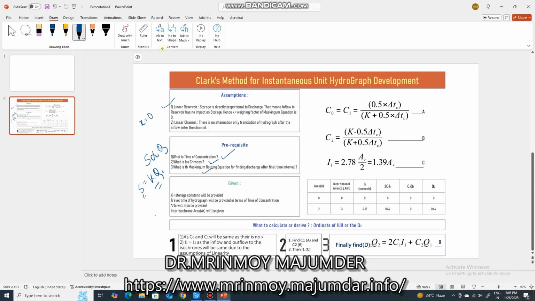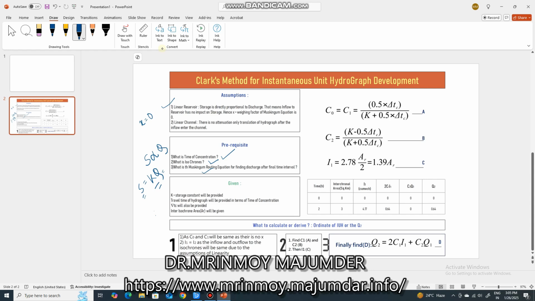Okay, this is time of concentration. You can empirically or experimentally determine this time of concentration. If you want to apply an empirical equation, you can apply equations like the Kirpich equation, the kinematic wave equation, and all other different equations are there.